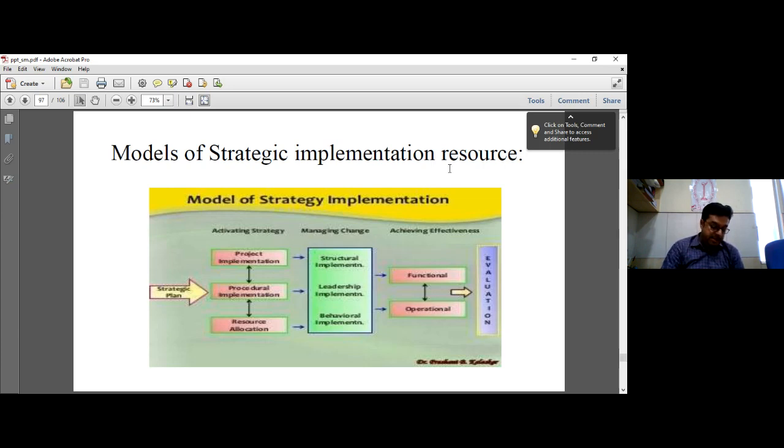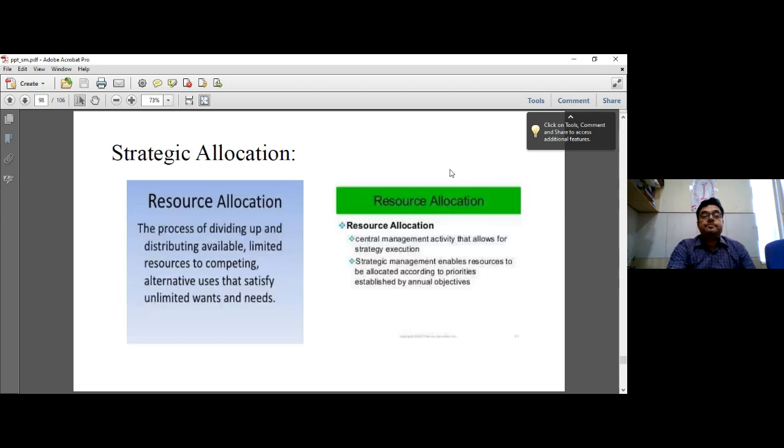Strategic plan ultimately leading to the evaluation dimension. The process of dividing up and distributing available limited resources to competing alternatives uses that satisfy unlimited needs and wants. That is what allocation is all about.